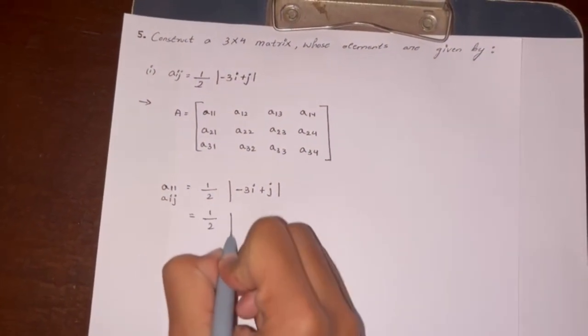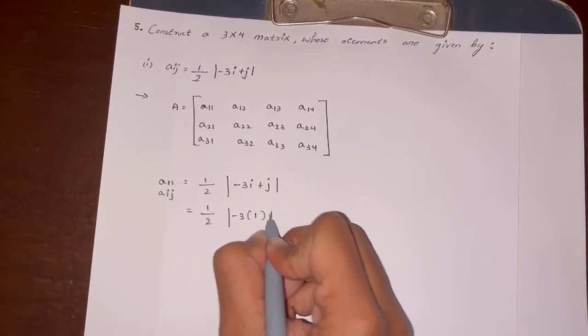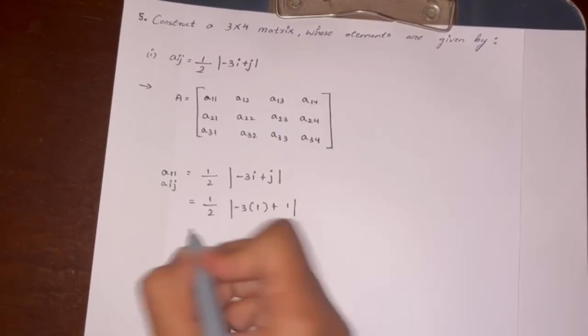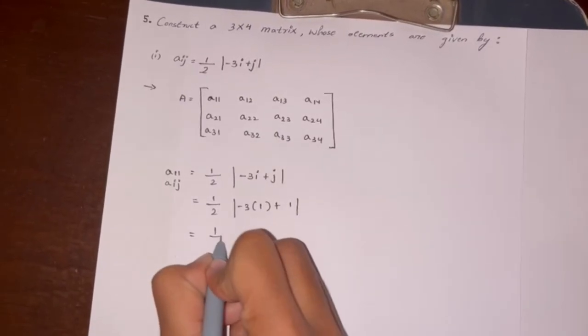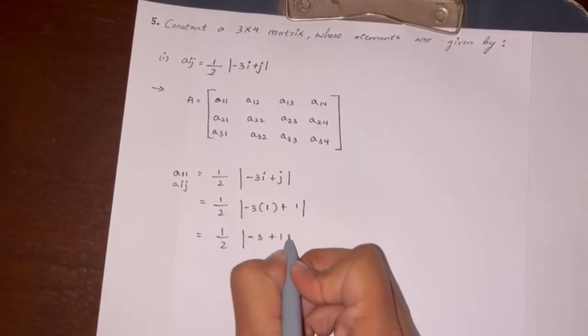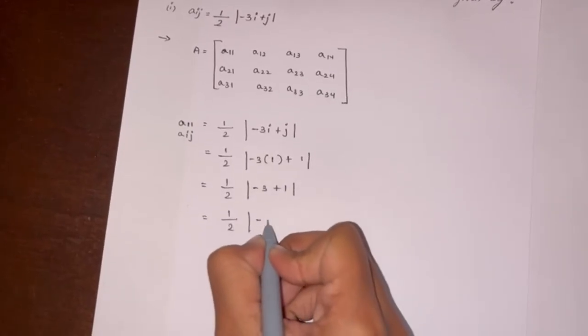1 by 2 mod of minus 3, in place of i we are substituting 1, plus in place of j again 1. So that will be minus 3 plus 1, then 1 by 2 mod of minus 2.